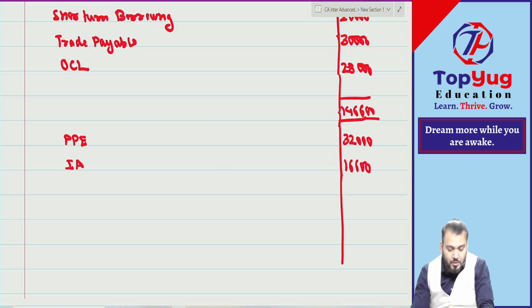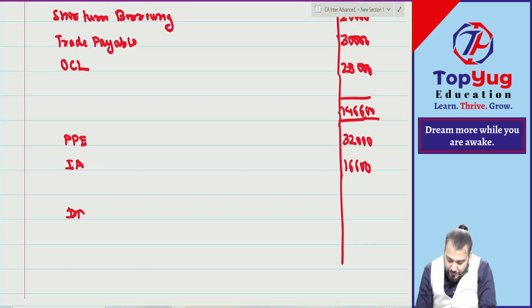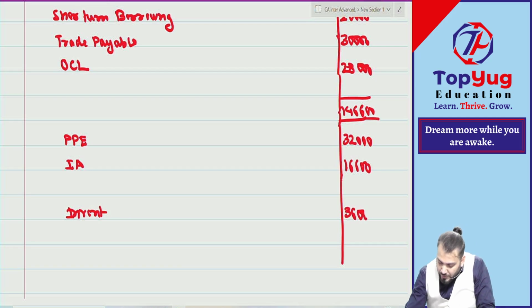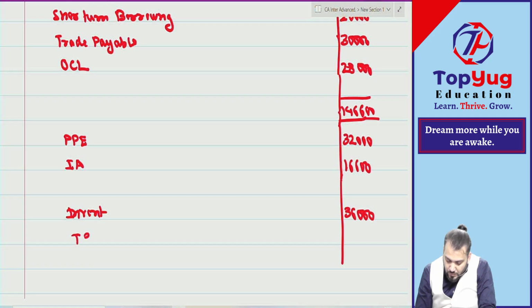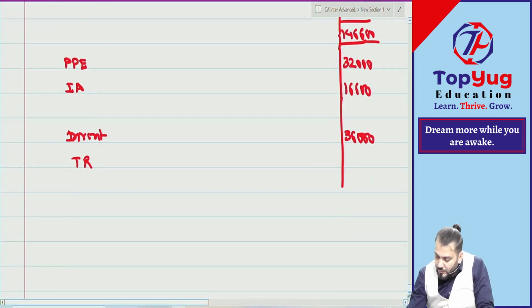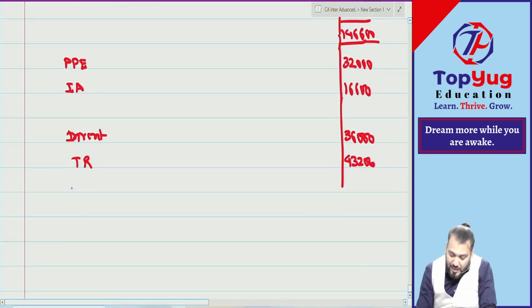Very good. Then can you give me inventory? 36,000. Super. Then trade receivable, how much? 43,000.